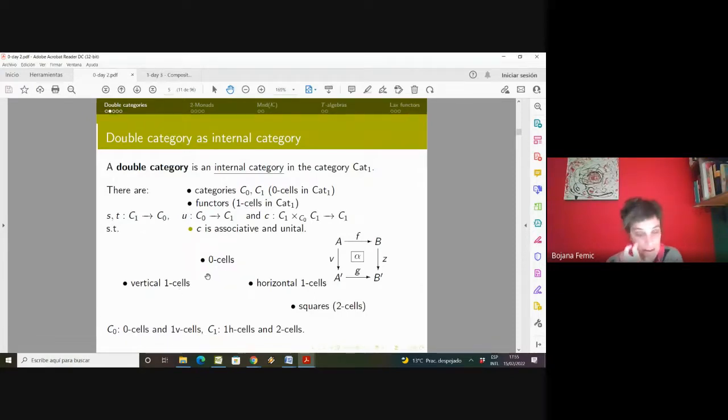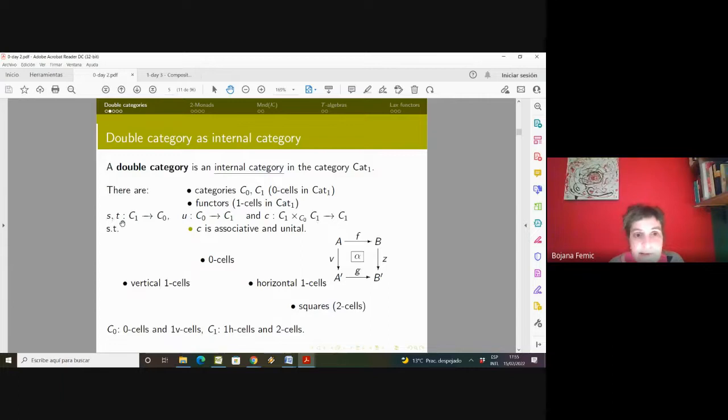They make the category C0, the category of objects, while C1 is a category whose objects are horizontal 1 cells and whose morphisms are squares. So we have these 2 categories, C0 here on the left, so to say, and C1 on the right. Now I will explain these 4 functors.